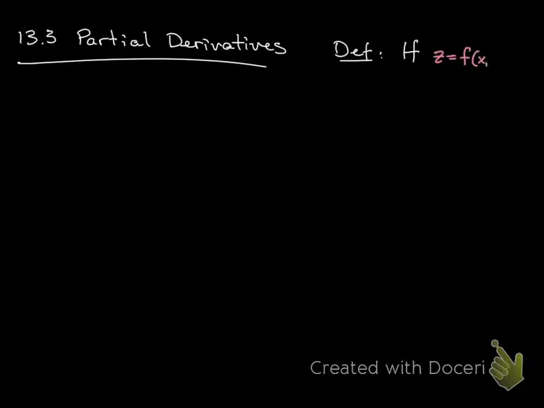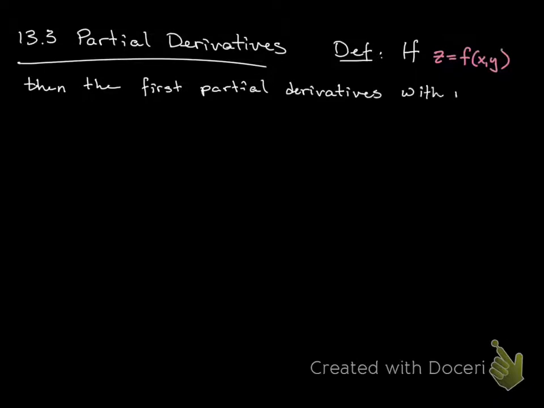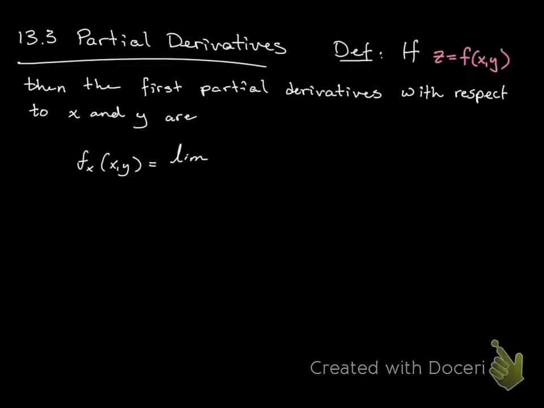If z is a function of x and y, then the first partial derivatives with respect to x and y are the following. We denote this f with a subscript x at the point x, y. And this is just going to be in general for now, and then we'll put it at a specific point later, say some point a, b.